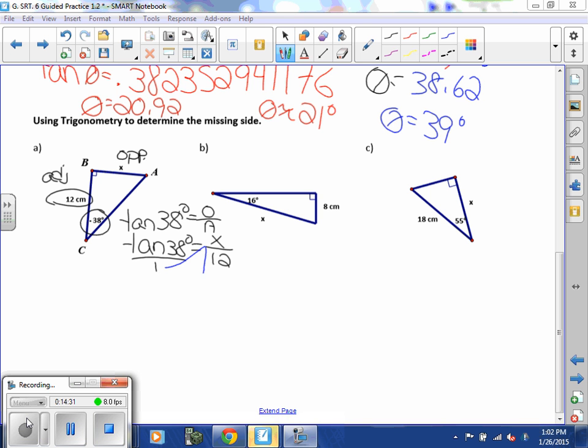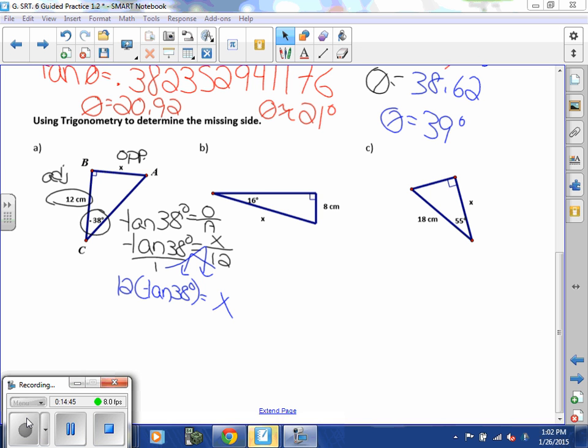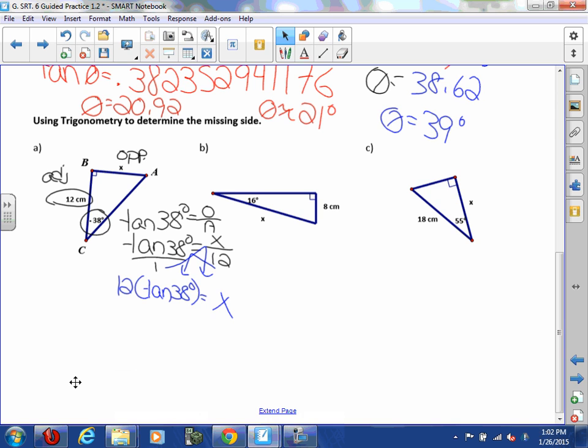So 1 times x, and now this is going to be 12 times the tangent of 38 degrees. You'll get in the habit, just when we get to trig, don't pick up your calculator till the end. It'll save you time. So now pick up your calculator, and we're going to do tan 38 degrees.